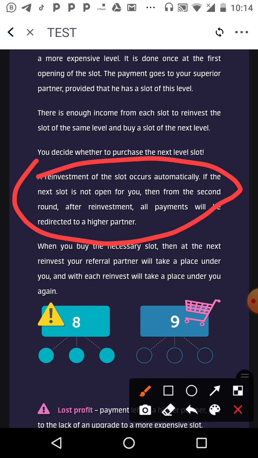Let's say you have a higher partner who has a bigger slot, somebody under you or within the structure, and he upgrades. Let's say you are in level 8 and he upgrades to level 8 and 9. You know what that means? You're going to be losing that money to a higher partner in their structure.